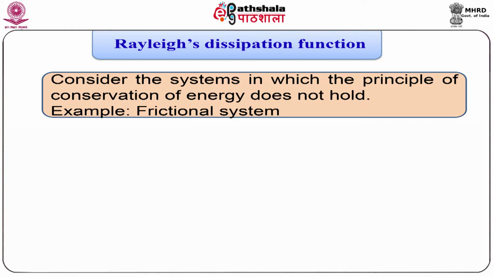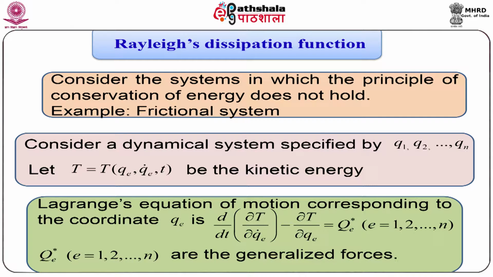Consider a dynamical system in which the principle of conservation of energy does not hold. We know that if in a dynamical system the conservation of energy holds, that is, the sum of kinetic energy and potential energy remains constant, then such a dynamical system is known as a conservative dynamical system.